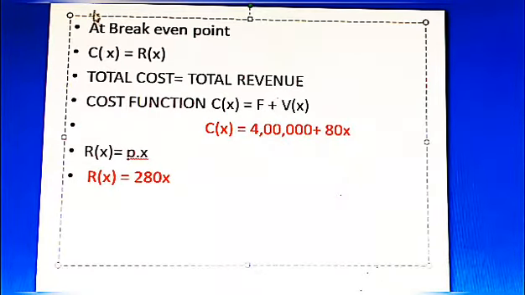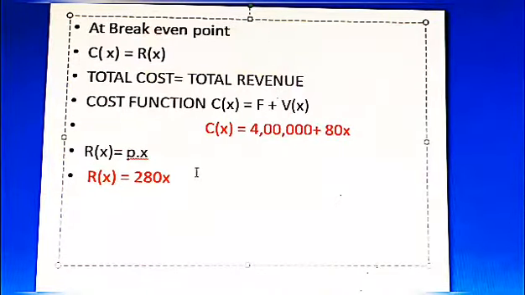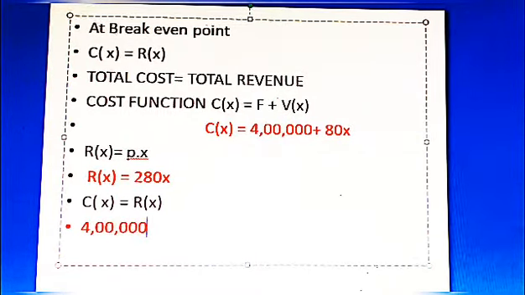At break-even point, the formula is C of x is equal to R of x. This is your break-even point. So we will substitute the values there. What is your C of x we got? We got 4 lakh plus 80x is equal to, what is your total revenue we got?